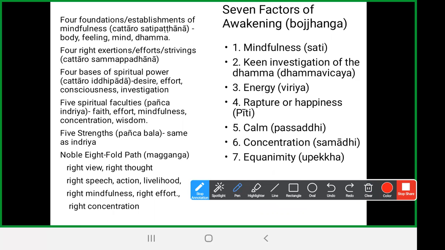To which factor? Mindfulness. Yeah, the first one. So you get the first one. How about number 2? For exertion, effort, striving, where should it go? Effort.